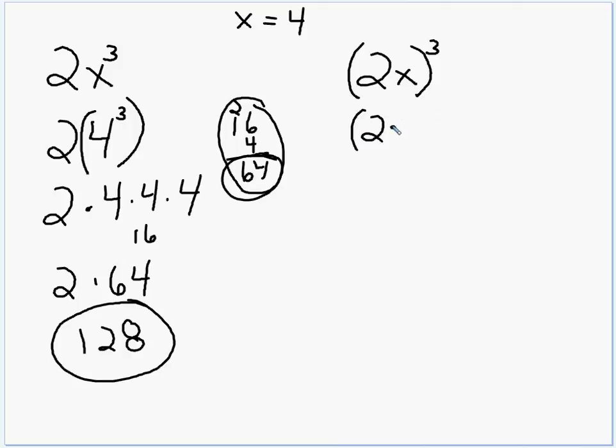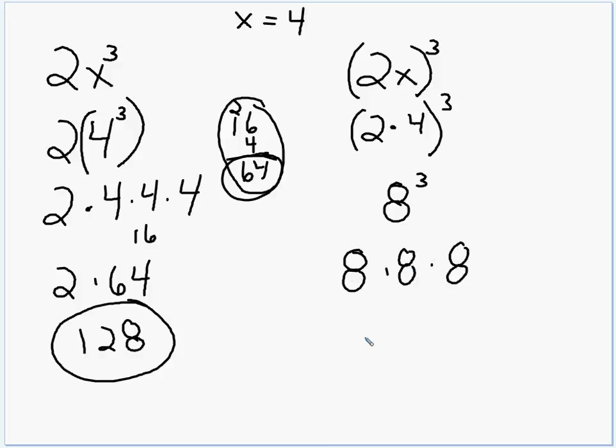This one over here, we have 2. We're going to substitute in the 4, and that's cubed. 2 times 4 is 8, 8 cubed. So we have 8 times 8 times 8. Well, 8 times 8 is 64. And then we take 64 times 8.